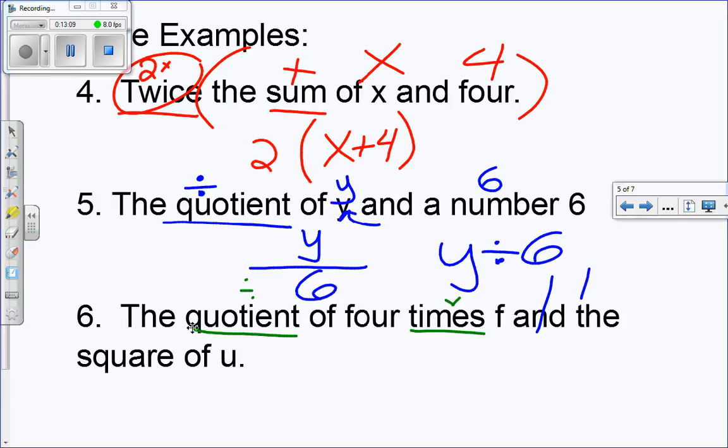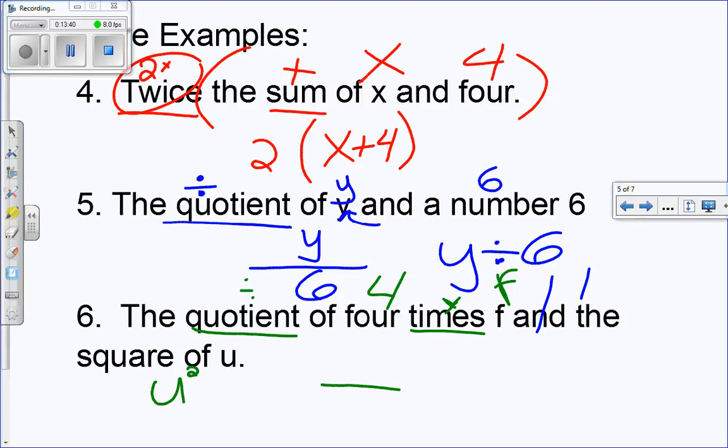Okay, we're going to come back to that, because we need to obviously know what's going on down there. So what am I dividing? I'm dividing 2 things. I know it's going to be division, so let's go ahead and put our fraction bar. We've got 4, we've got an f, the square of u, okay? That means I'm doing u squared. So the quotient of 4 times f and the square of u.